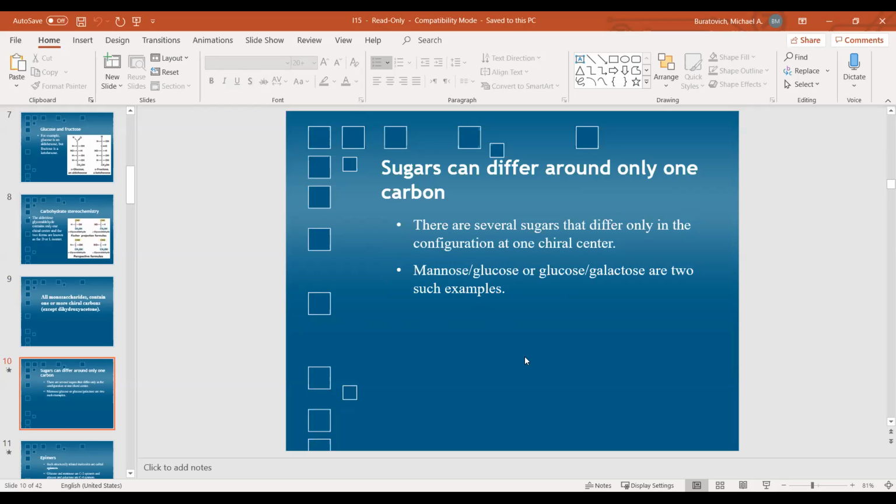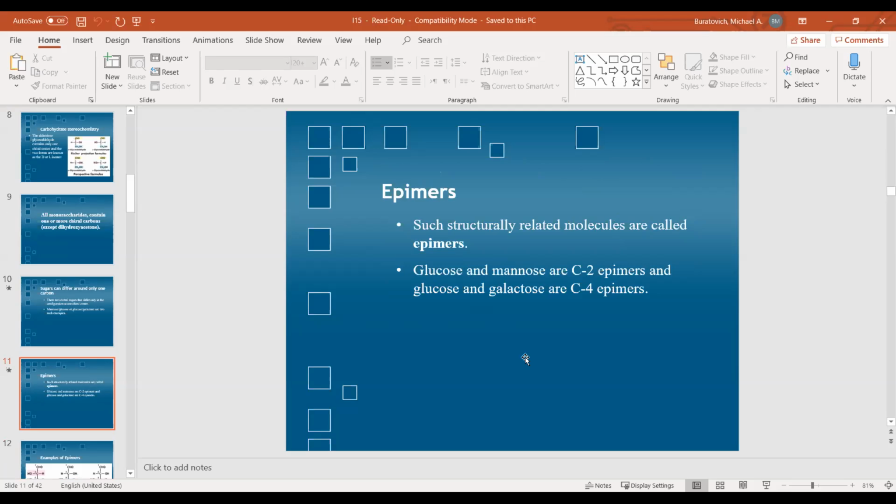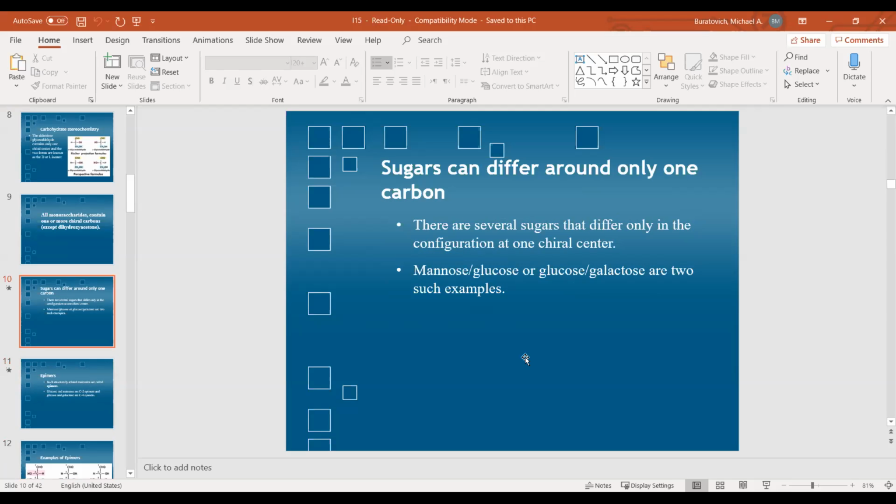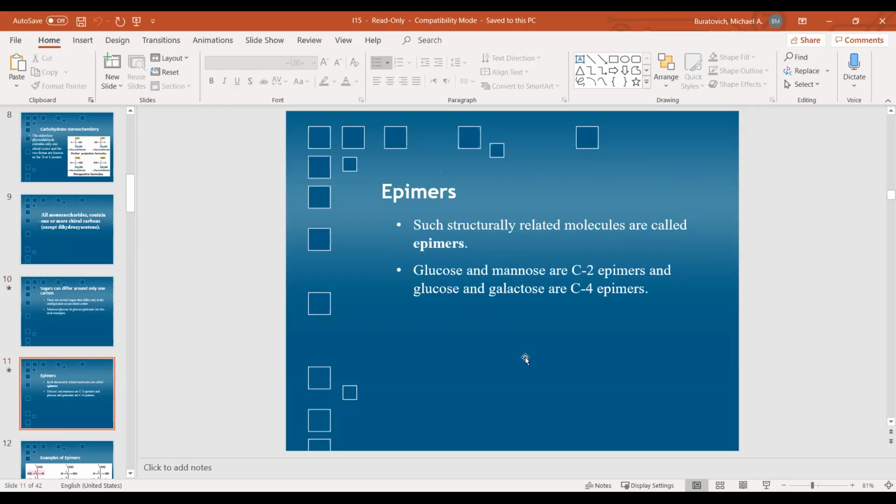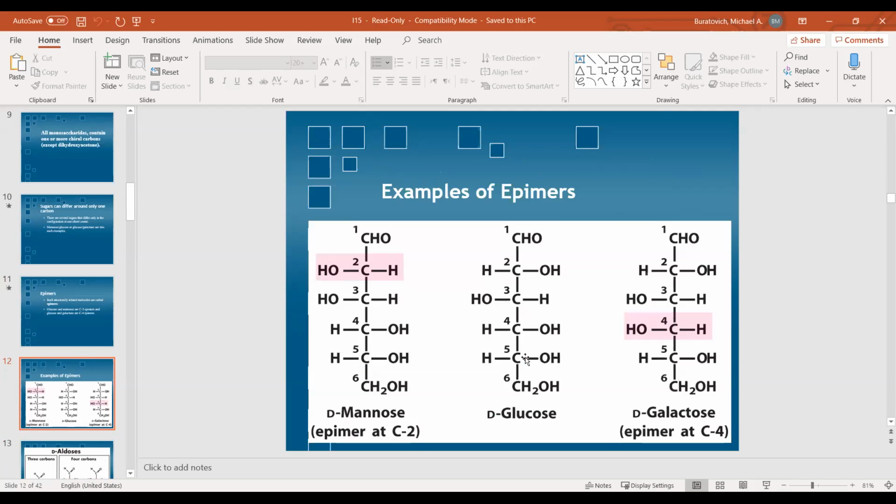Now, when you look at sugars, they can differ around only one carbon. So let's take a look at a few examples. So here's glucose, here's mannose, okay?